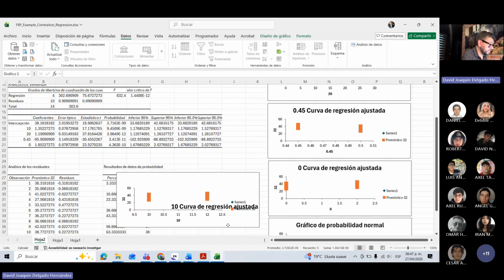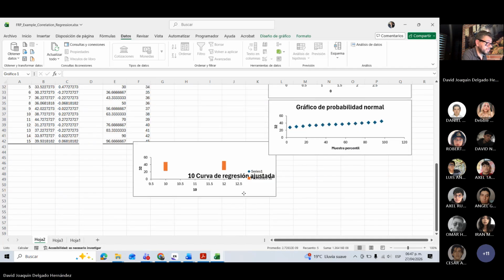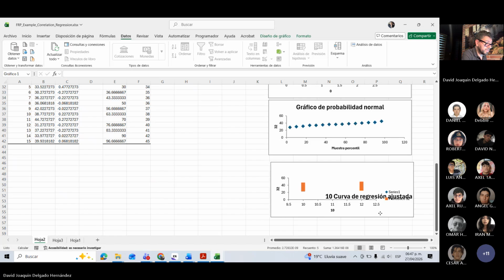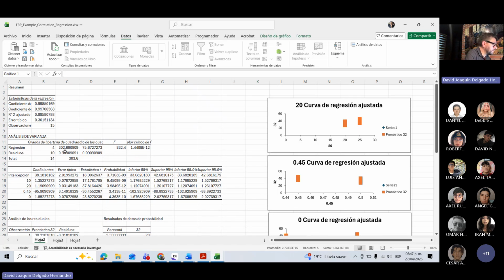Okay. This is the analysis of variance. Here we have to carry out another exercise.